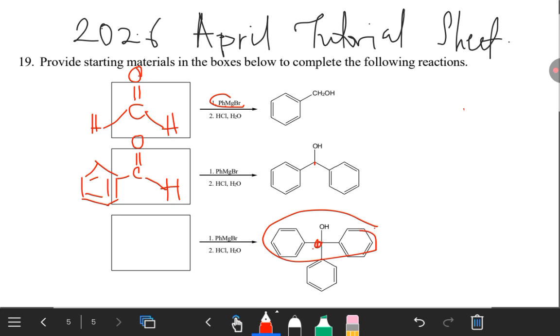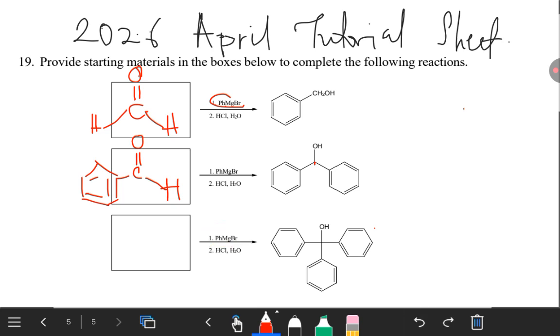Then there's just 1 carbon there at the middle point. Then it has formed an alcohol, meaning that there's no hydrogen whatsoever. So let's take this to be part of the reagent, then this to be part of the phenyl group in that Grignard reagent.